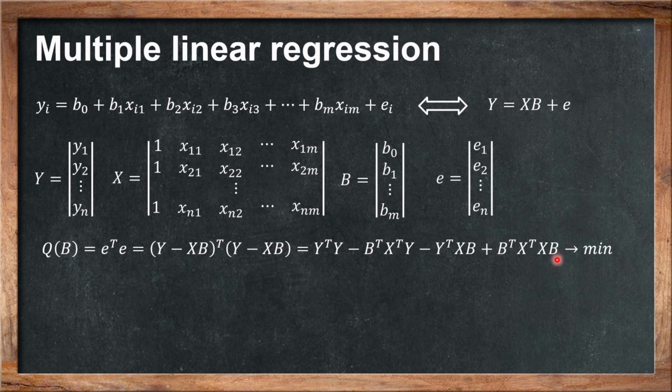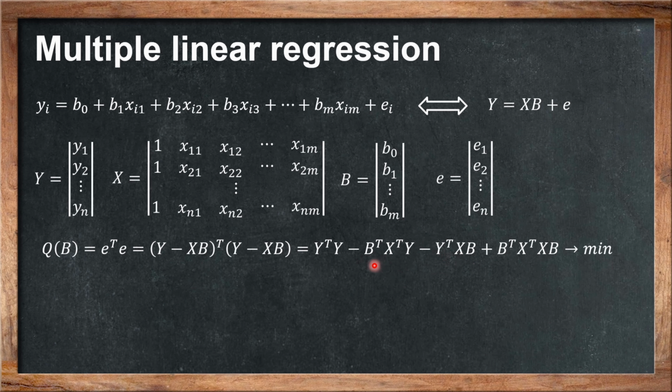And by minimizing this target function, we will find the vector of parameters giving us the least squared error possible. Now take a look at these two terms, this one and this one. What can we say about them? They look pretty much the same. You see, here we have B transpose, here we have B, X transpose and X, y and y transpose.